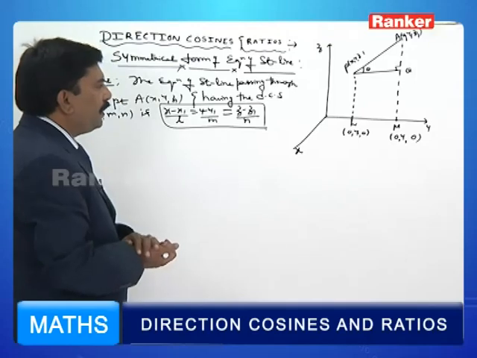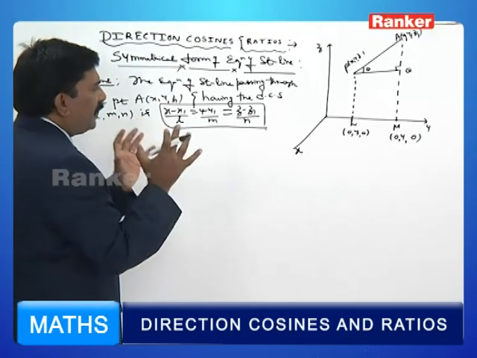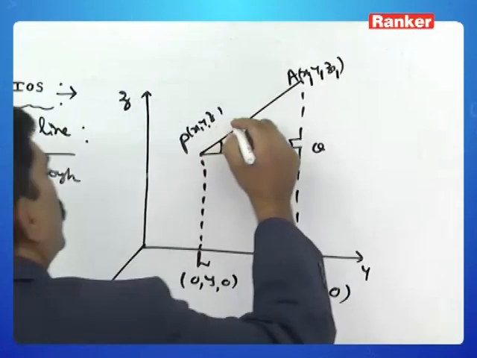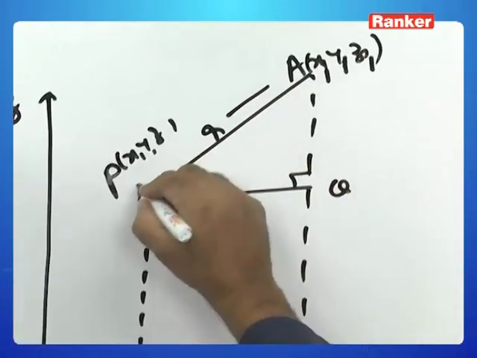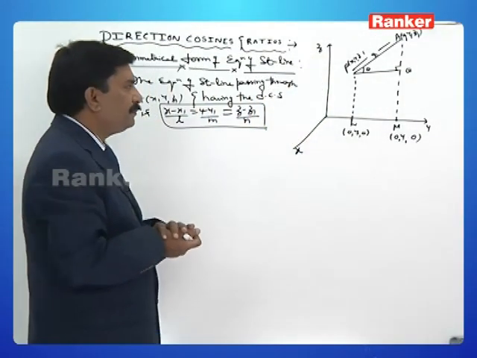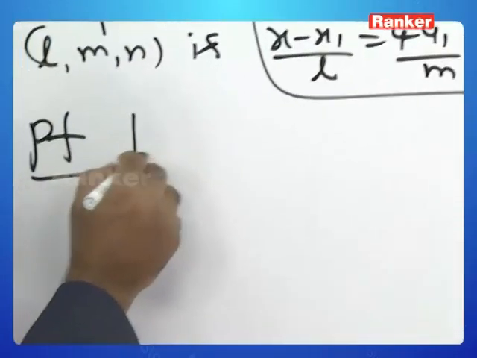So therefore, now I can write this as LM. The distance between them is R. AP is equal to R. Now the proof of this is very simple.